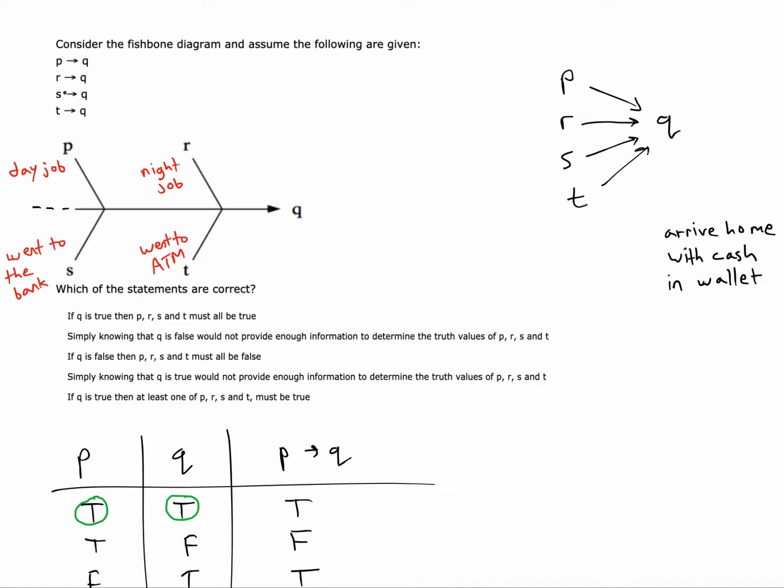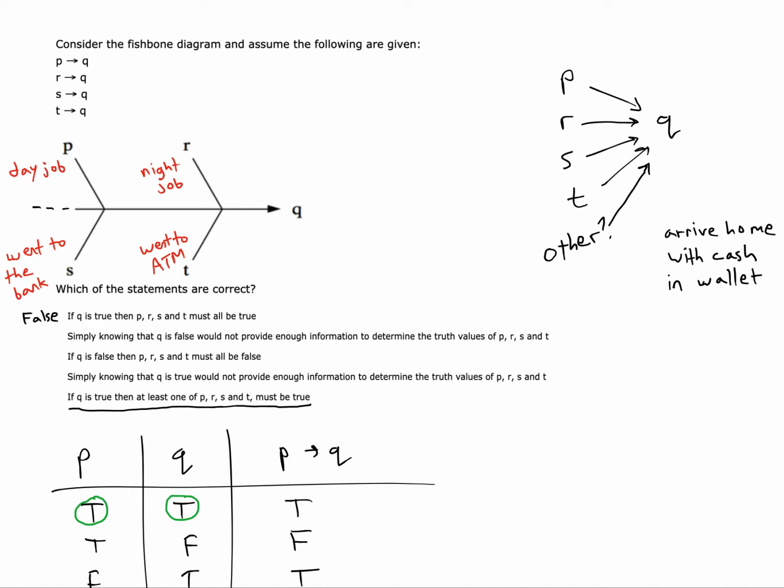We don't know which one of P, R, S, T, or even others could have led to Q. We don't know which one led to it, but we can't conclude that they all caused Q. It's probably not the case that you went to the day job and the night job and the bank and the ATM, and that's why you have cash in the wallet. So this one would be false.